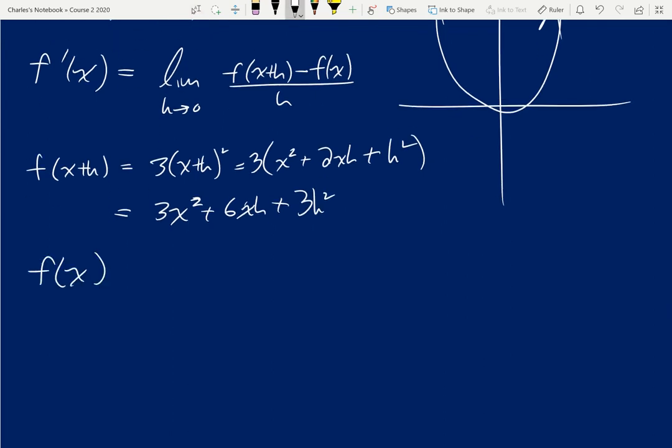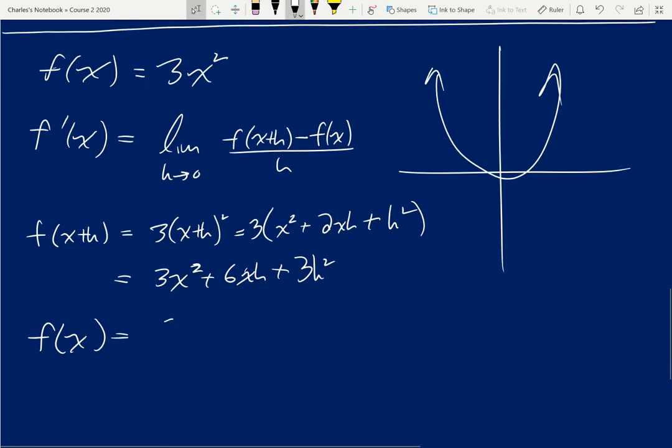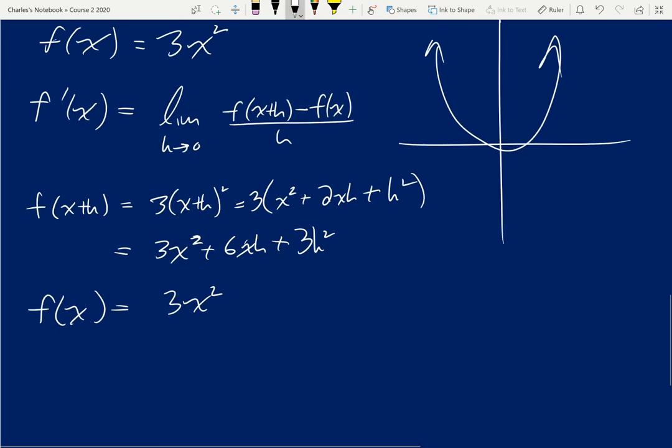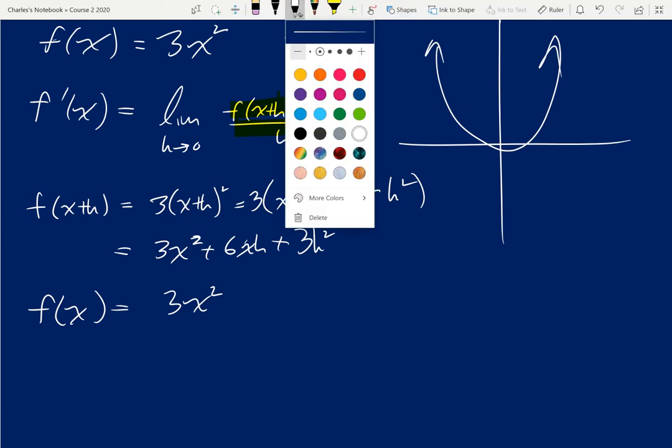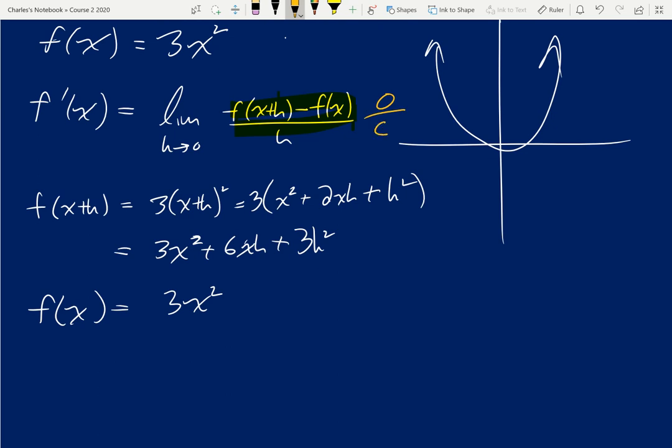F of x is equal to 3x squared. If I plug in 0 into this function right here, I'm going to get 0 over 0, which is indeterminate. It means I got to keep going.